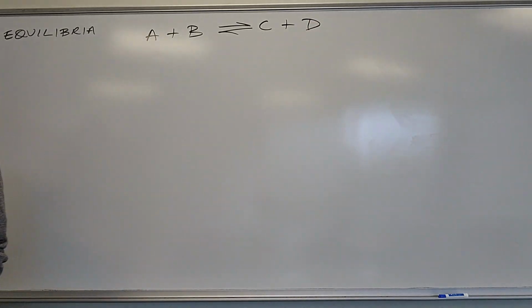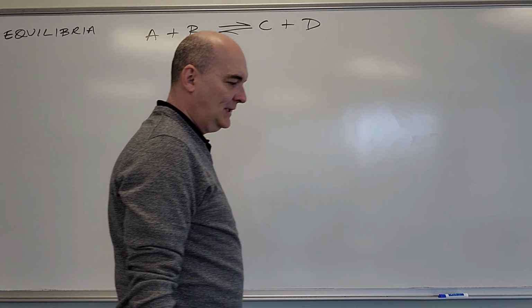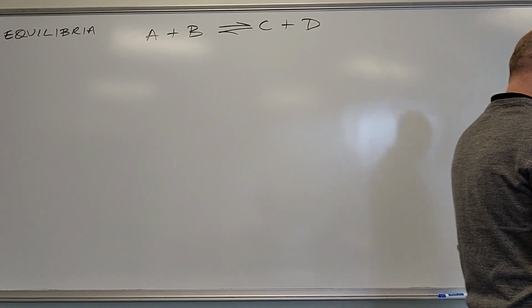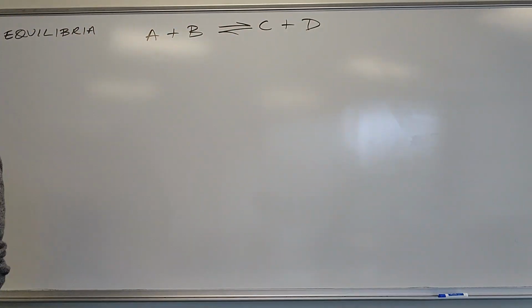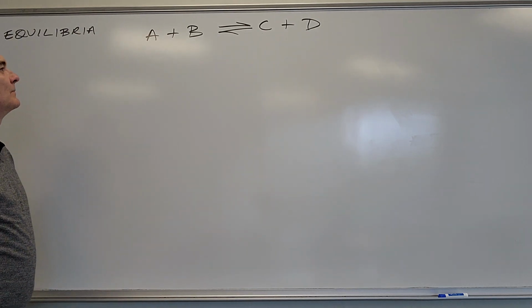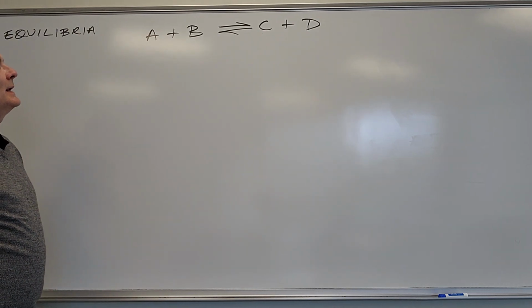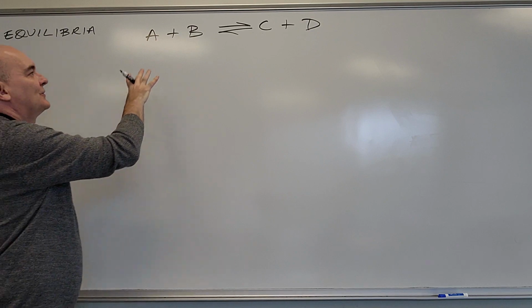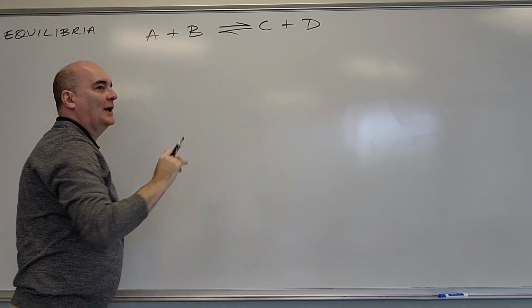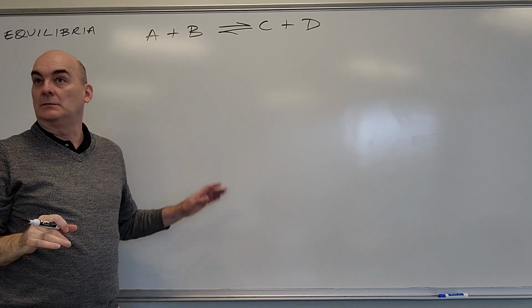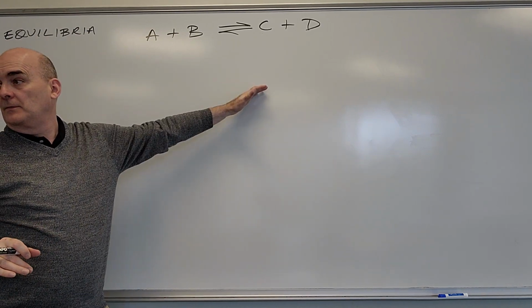I have 4 species in solution, all at the same time. A and B are reactants and they form C and D. That arrow is the equilibrium arrow that tells us that the concentrations, or the progress of this reaction, is not total.